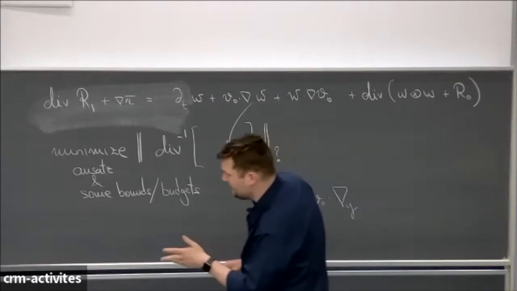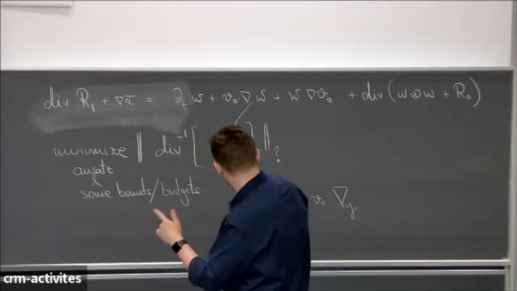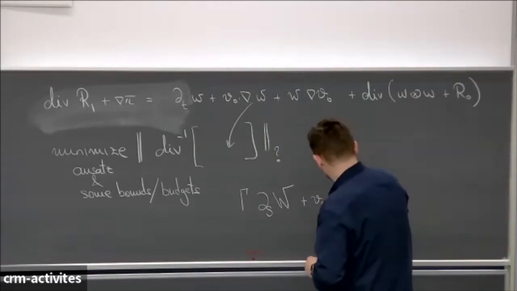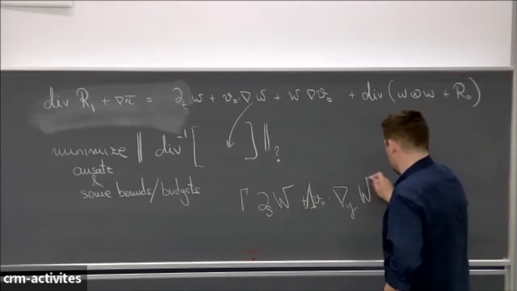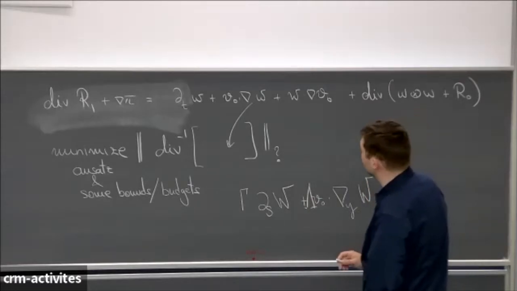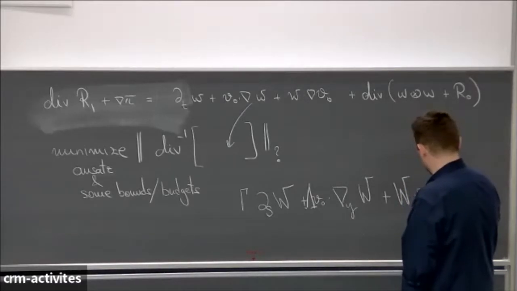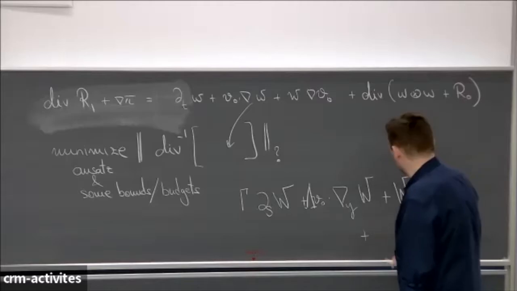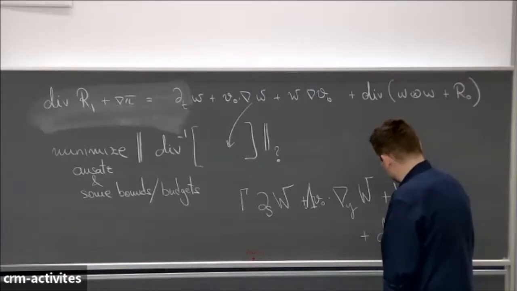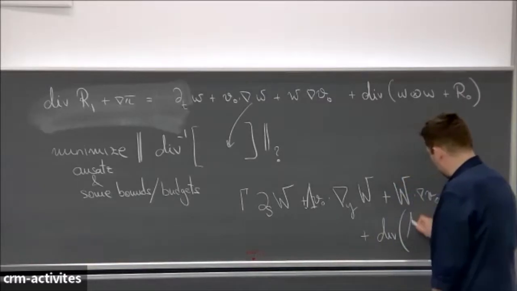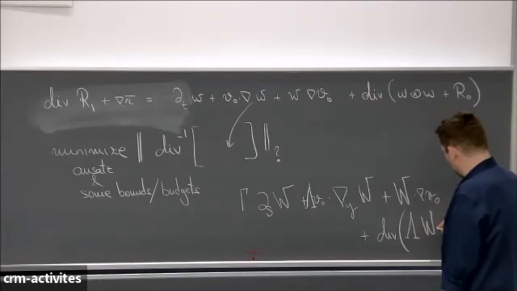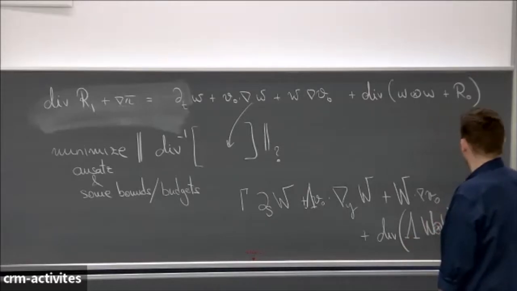Of course, if I take a ds, I need to put a gamma or a 1 over gamma. There's a lambda in front here of little w plus w dot gradient naught plus divergence of capital lambda w tensor w plus r naught.